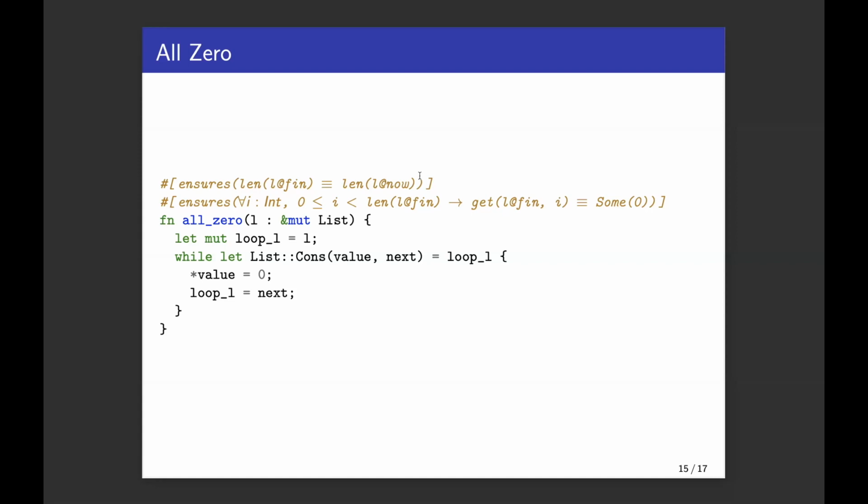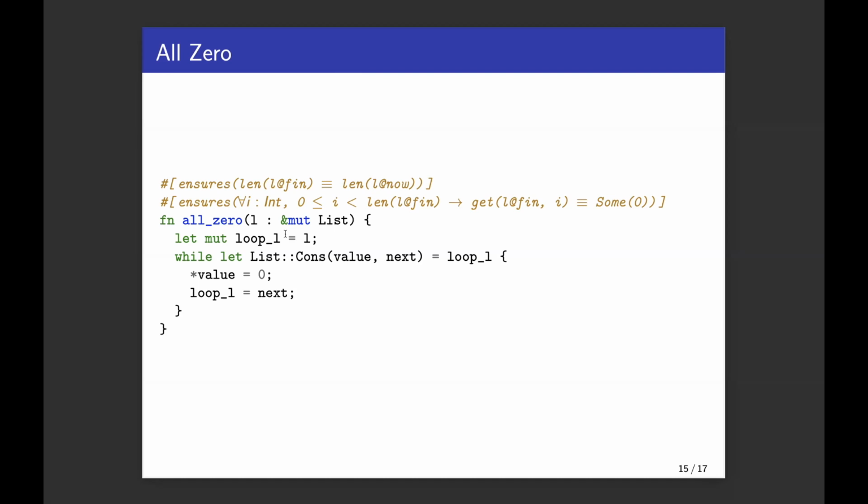That is to say, the mutable reference of our list hasn't caused any elements to be added or removed. And additionally, the key property that things are actually being zeroed out is the second ensures, which tells us that for every index inside of our list, when we look inside the final value of our list at that index, we're going to see 0. And so hopefully you're convinced that this property is the key property of all zero.